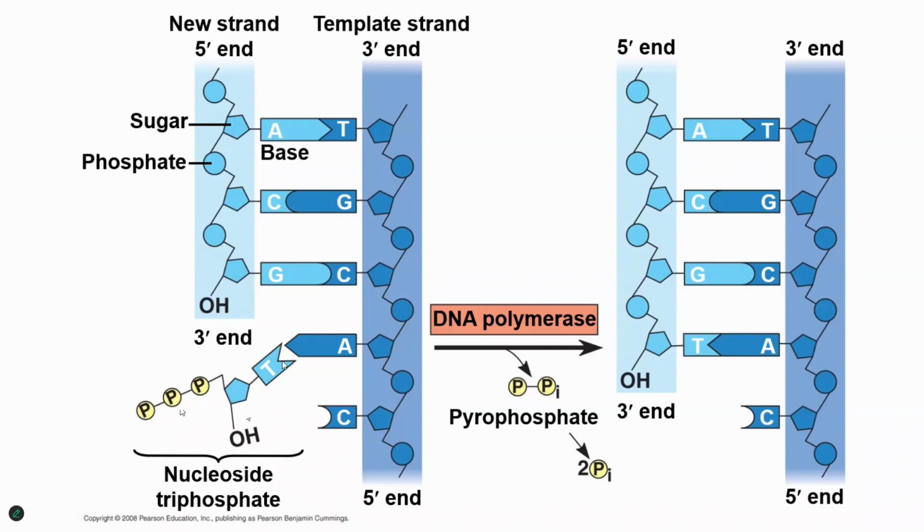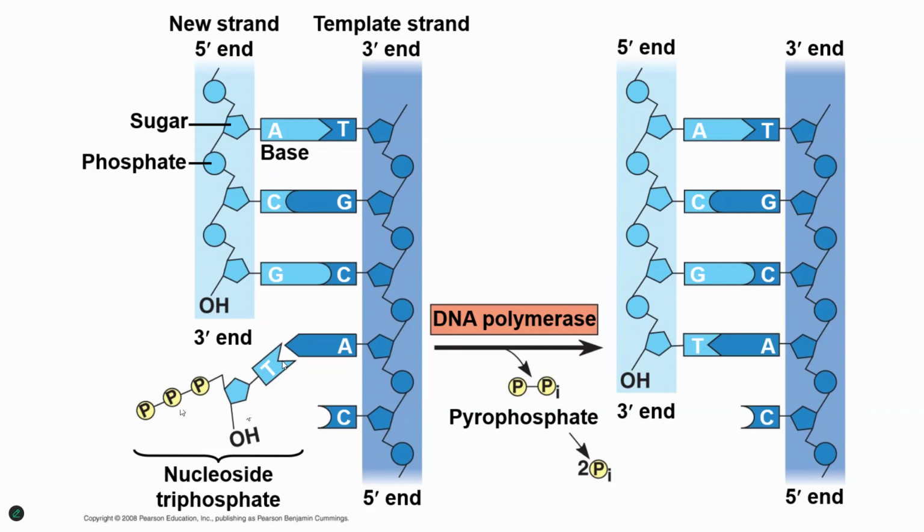The DNA polymerase will cut off 2 phosphates and it will covalently bond this phosphate onto the 3' end of that growing strand. Because it can only add a new nucleotide onto that 3' end, it only knows how to attach that phosphate onto the 3' end.